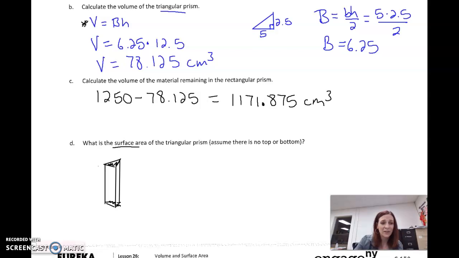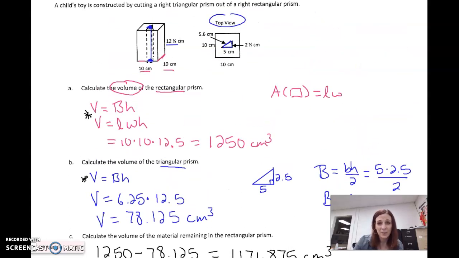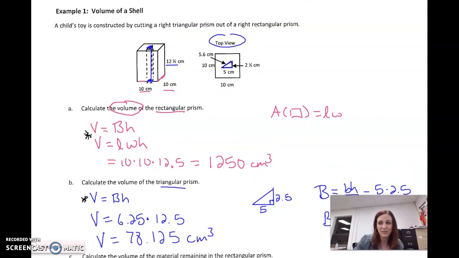So we have the shape of our base, right? Now you can think of this a couple different ways. We can find the area of each one of the faces and then add them up, and that's totally okay to do. With rectangular prisms, that's probably the easiest way to do it. But now I'm going to bring this 5.6 into play. So 2.5 and 5.